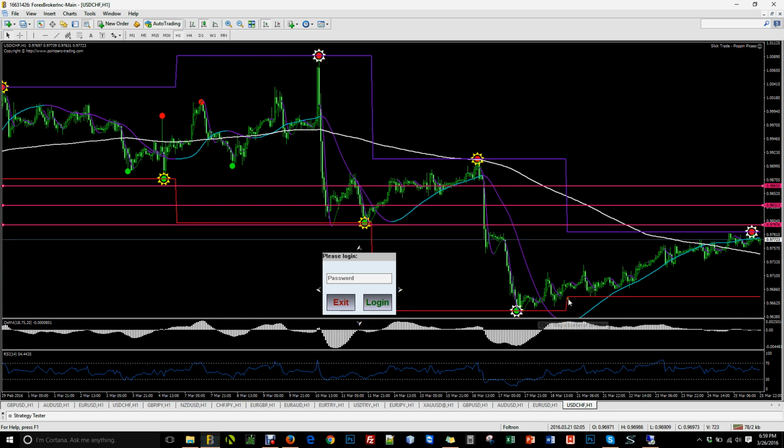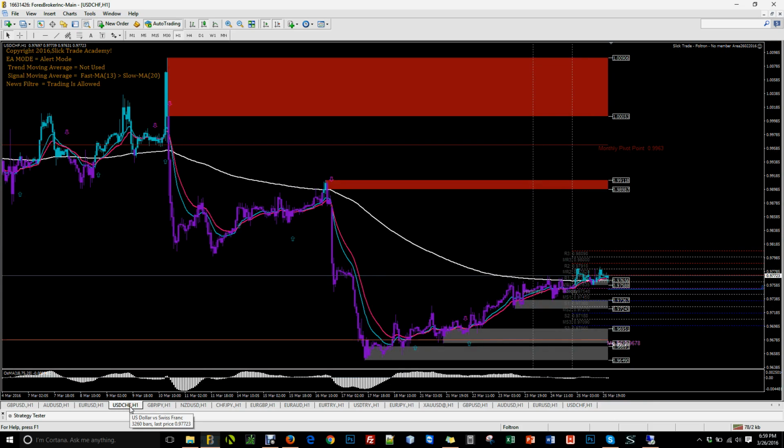I know price has already headed up for the USD CHF, but we're now above the 200 moving average. If we look over here at Fultron, it's still showing a buy or long position. It's above the 200 simple moving average.